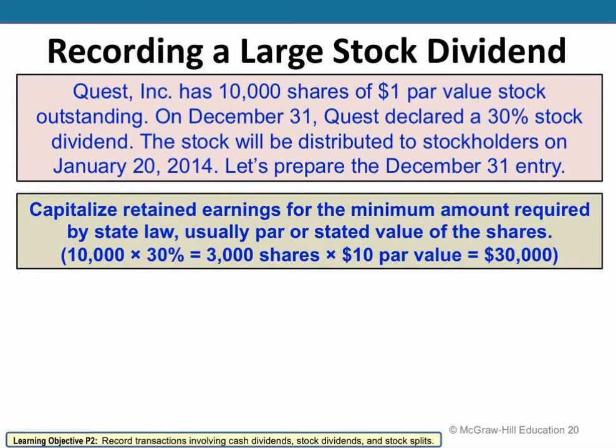For our purposes we're treating those as synonymous, so let's assume it says par. So 30% times the 10,000 shares means 3,000 shares distributed. With $1 par, 30,000 is what we're going to capitalize retained earnings for. So we'd have a 30,000 debit to retained earnings and a 30,000 credit to the stock distributable at the par value.